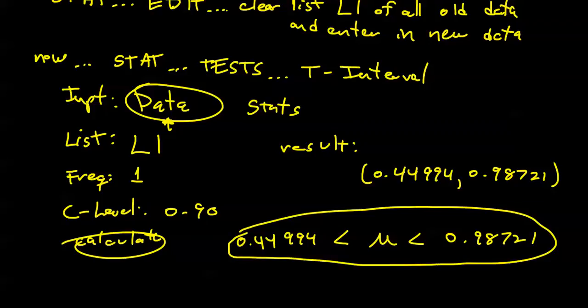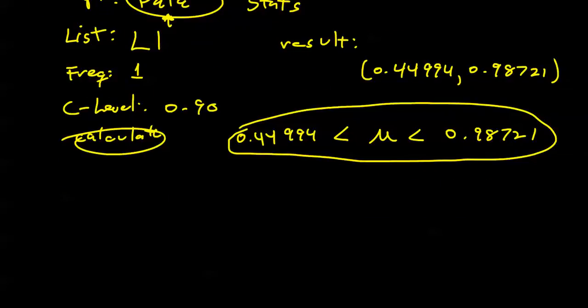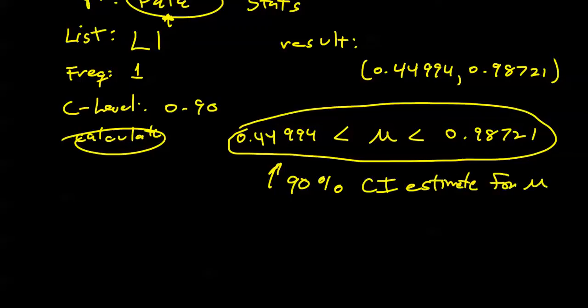From using the raw data mode on our t-interval command, I claim this is my 90% confidence interval estimate for mu, the population mean of mercury levels in all sushi fish of all time. I can add an interpretive statement here.